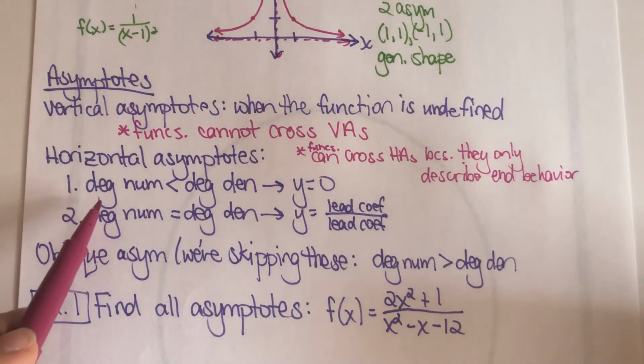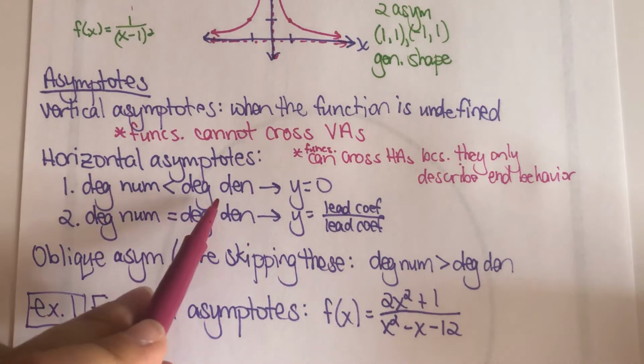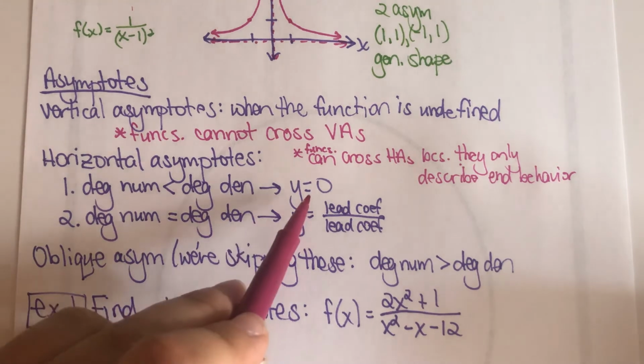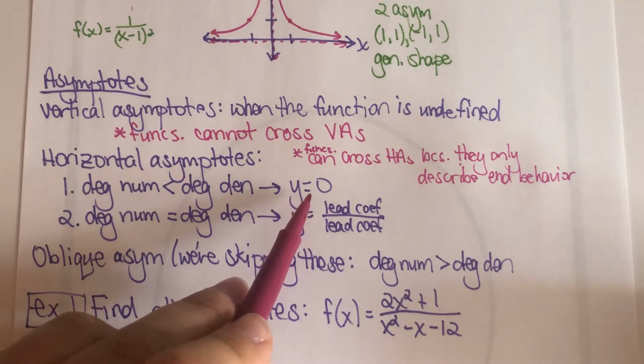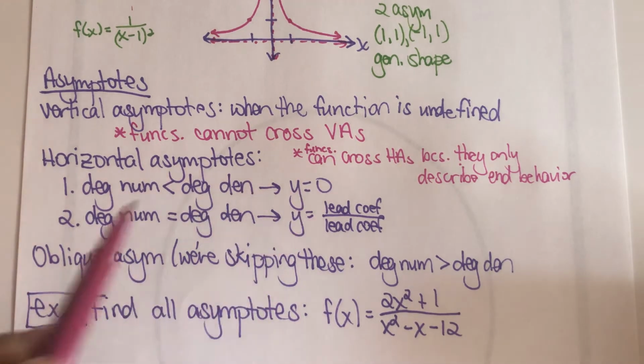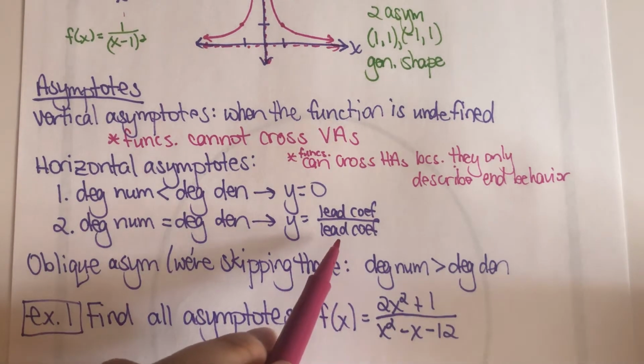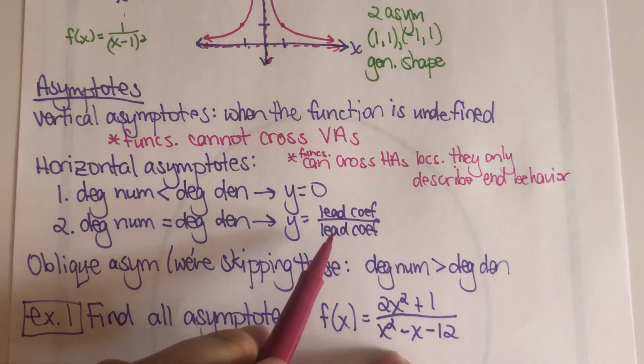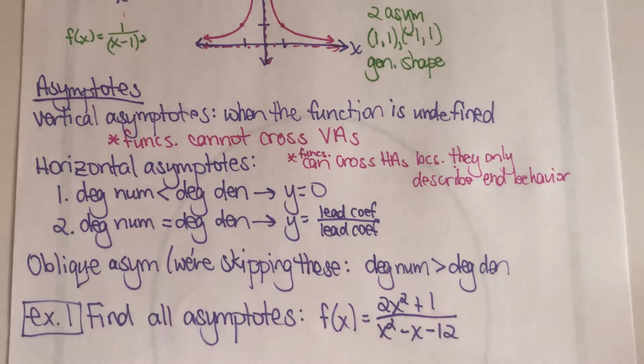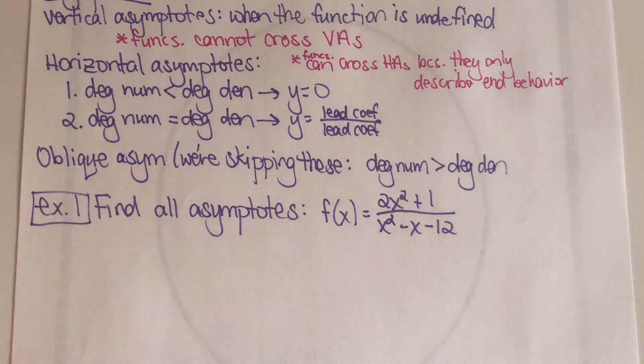All right, so if the degree of the numerator is less than the degree of the denominator, then the horizontal asymptote is y equals 0 every time. If the degree of the numerator is equal to the degree of the denominator, we do lead coefficient divided by lead coefficient, and you'll see we're going to do that right down here. So if you don't know what that means, don't worry. And then oblique asymptotes, we're skipping those.